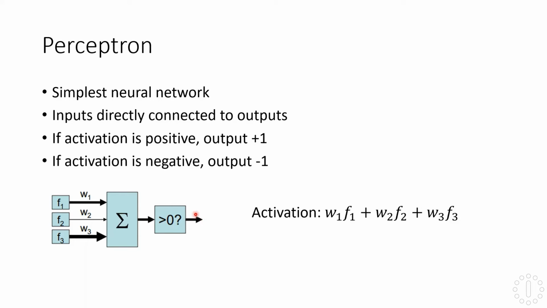In the case of the perceptron, we use a linear activation function. That is, if the result that we get when we compute this here is positive, then we output +1, and if the result is negative, we output -1. In larger neural networks, this doesn't always have to be this type of threshold function. It can also be any function. We'll look at that later.